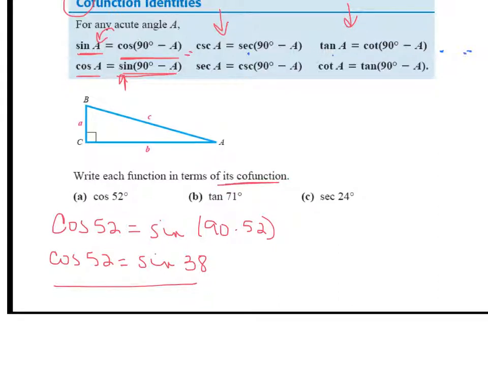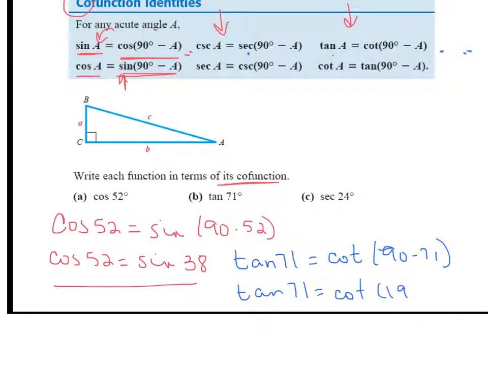So let's look at B. Tangent of 71 equals cotangent of 90 minus 71 degrees. So tangent of 71 equals cotangent 19. Okay, and then the last one, we're going to do secant.